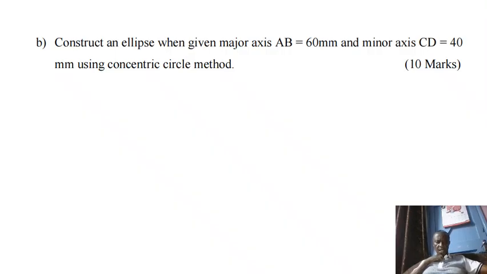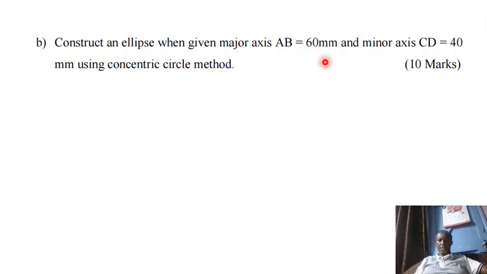Then we have part B of that question, that says construct an ellipse when given the major axis AB as 60 millimeters and the minor axis CD as 40 millimeters using the concentric circle method. So here, this is where you draw two circles.